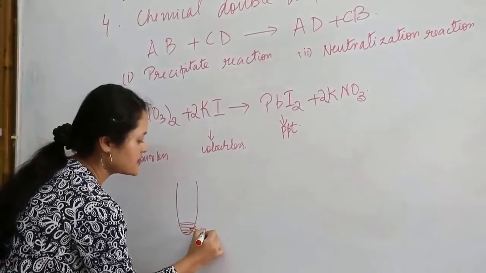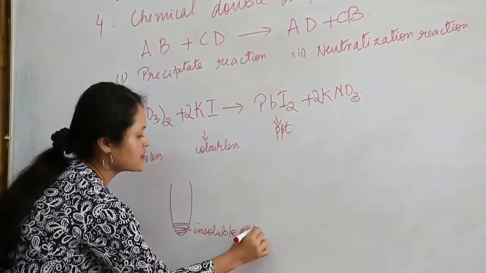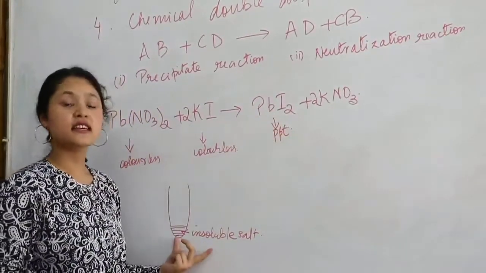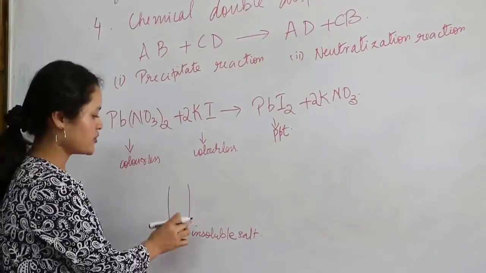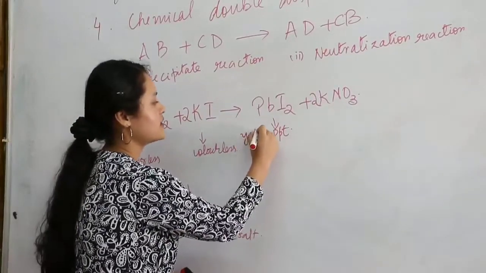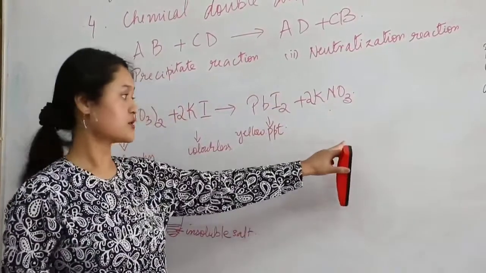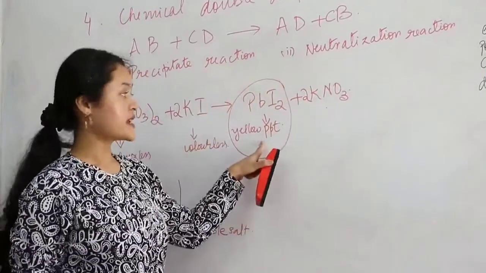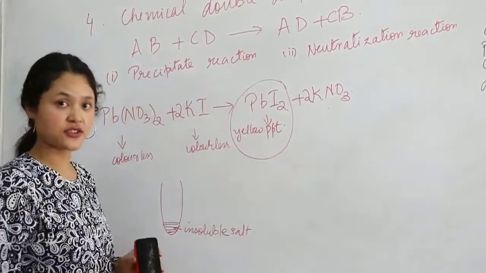This is an insoluble salt of lead iodide. That means this salt is not soluble in the solution. Therefore, you will get a precipitate here. Actually, the precipitate here is yellow in color. And this solution is also formed. So therefore, because of the formation of this precipitate, this reaction is known as a precipitate reaction.